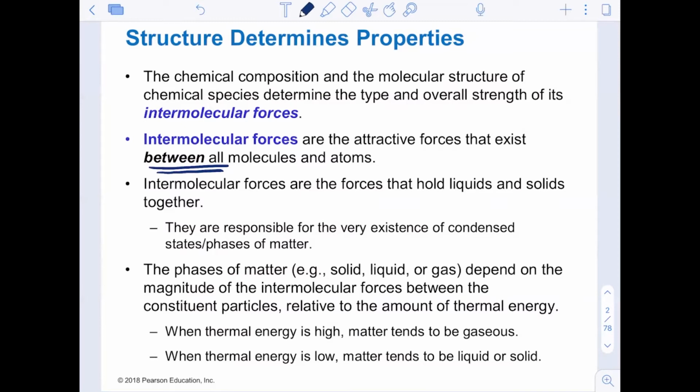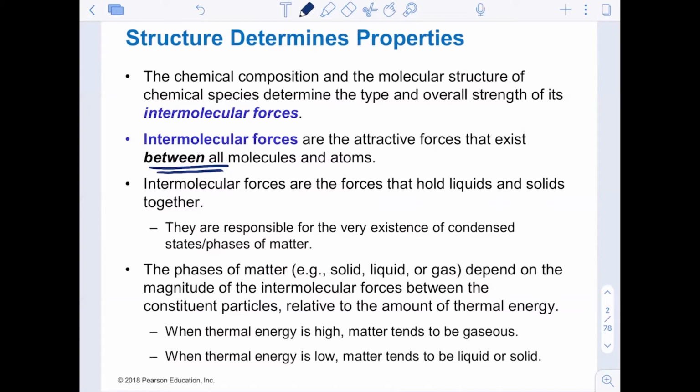They're actually responsible for why liquids look the way they do. For our biological applications, DNA is held together, the double helix is held together, by an intermolecular force. You may have heard about that one, hydrogen bonding. We're going to talk about what that means in terms of the chemistry of molecules.